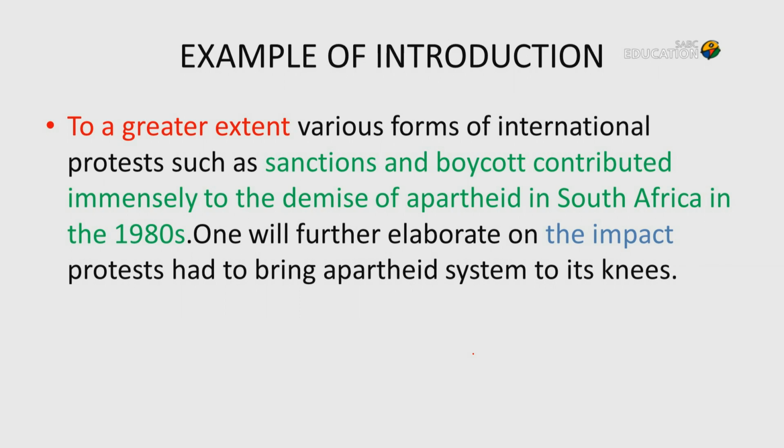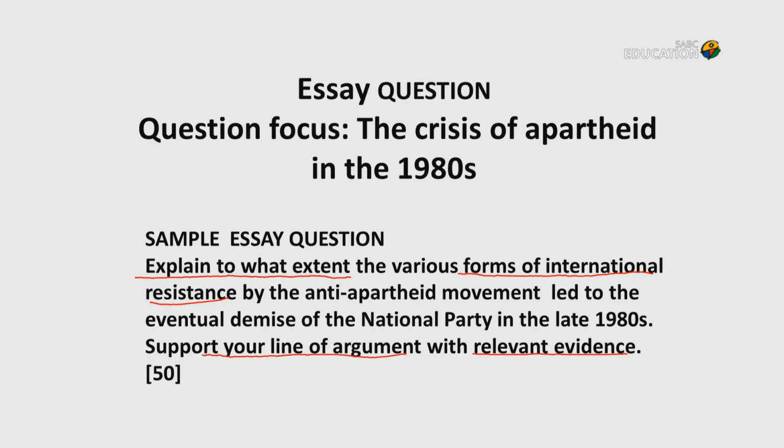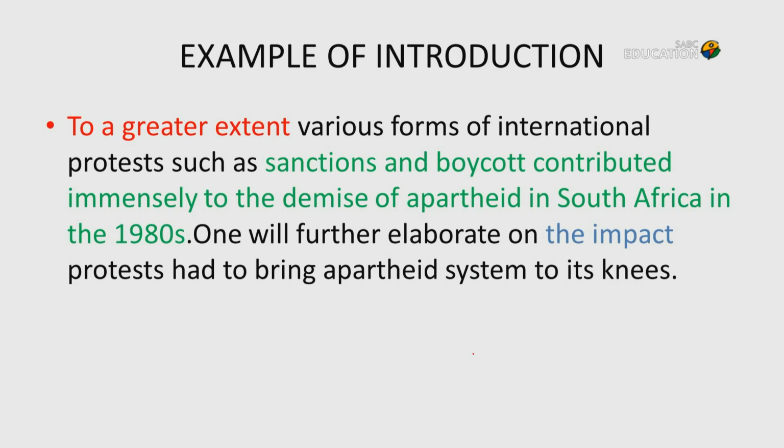Now, if you have a question of this nature, remember the 3 steps that I talked about. If you have a question of this nature that says, to what extent various forms of international resistance through the anti-apartheid movement led to the fall of apartheid, you then remember the 3 steps that I talked about.